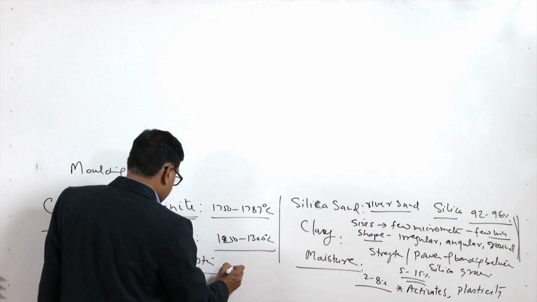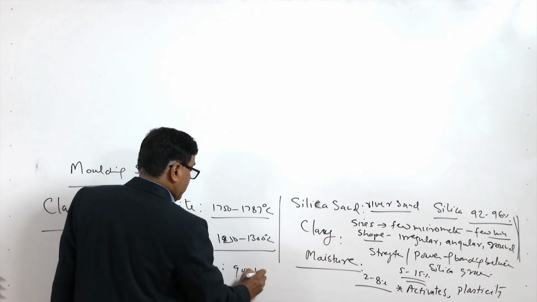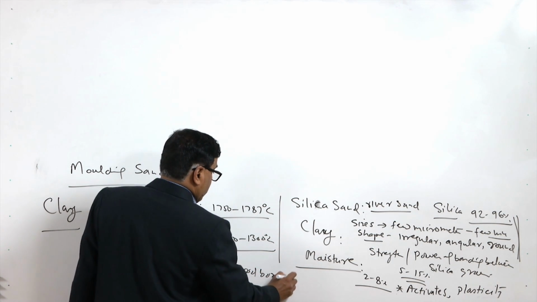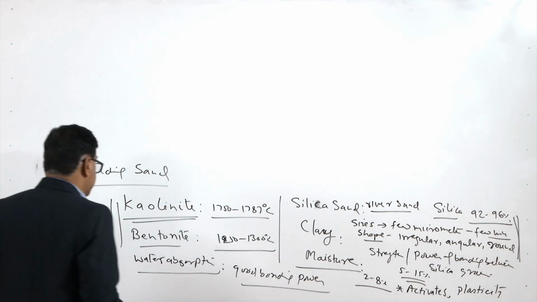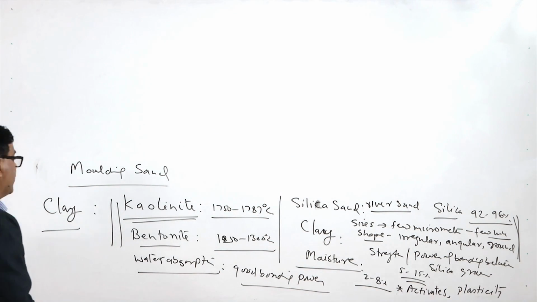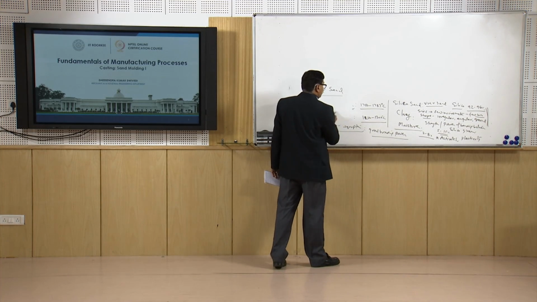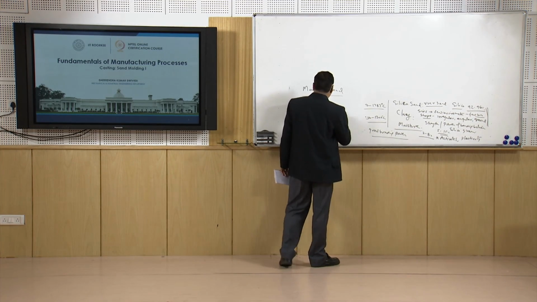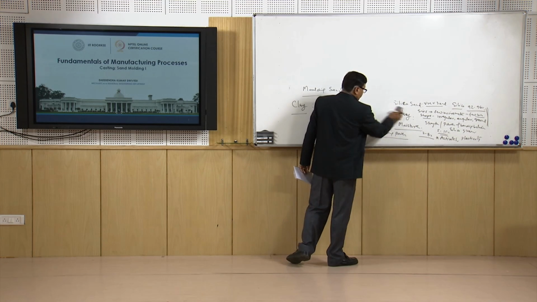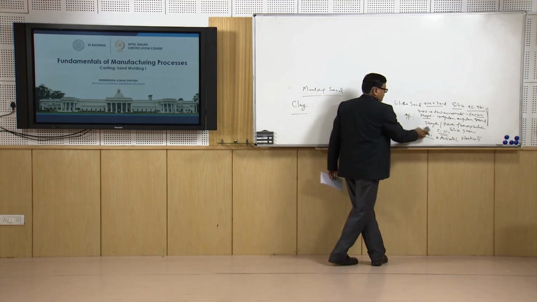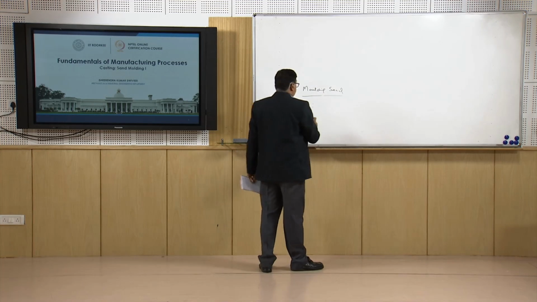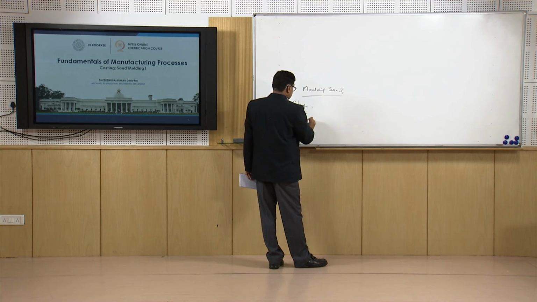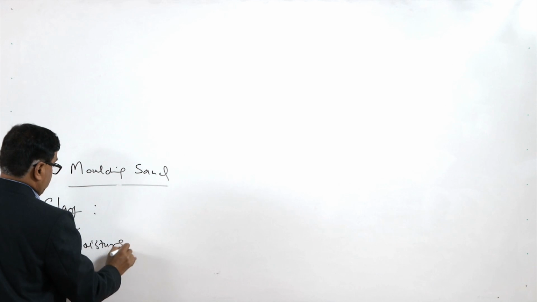So, this results in good bonding power for the molding sand. That is why the bentonite is preferred over the kaolinite for the low temperature casting systems or metal casting. Coming to the moisture, that is another important thing.